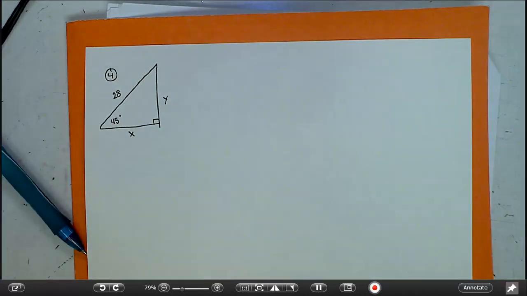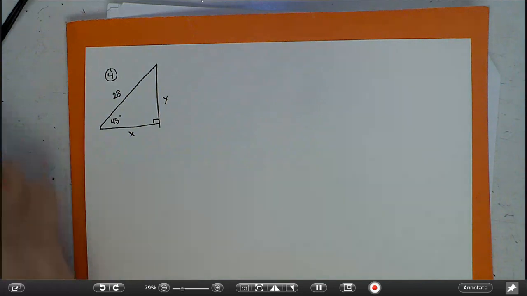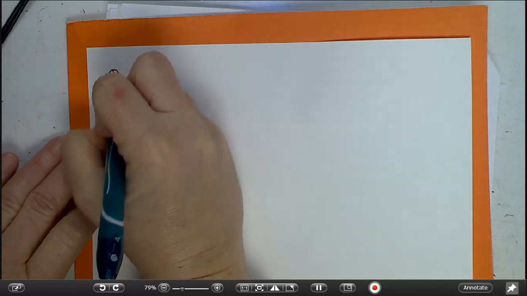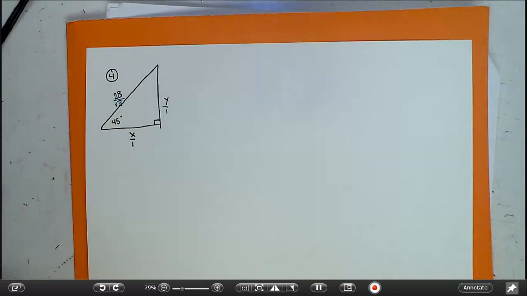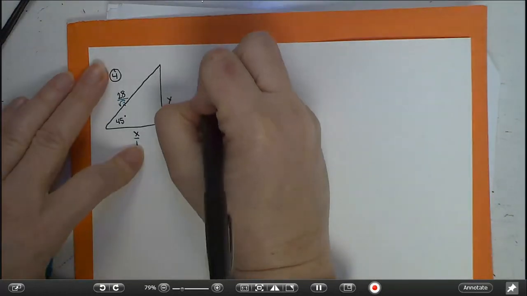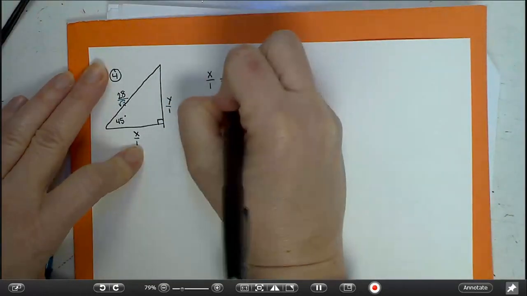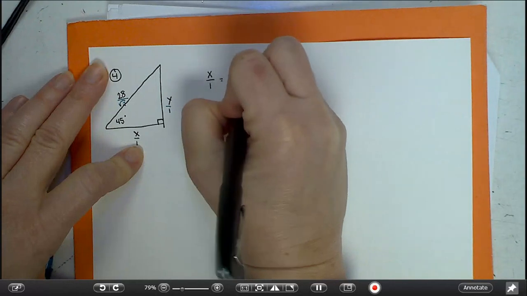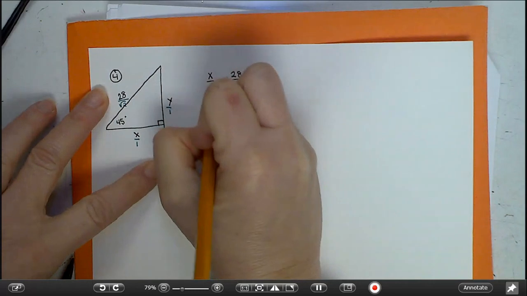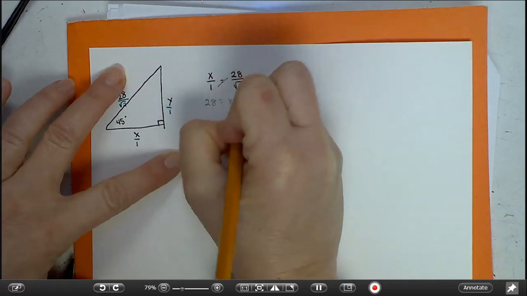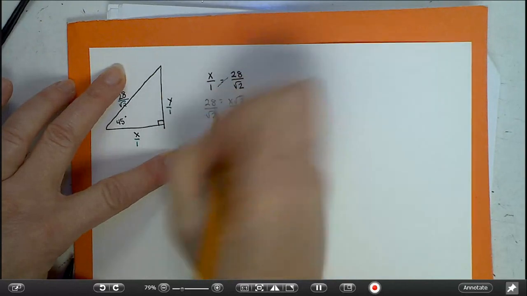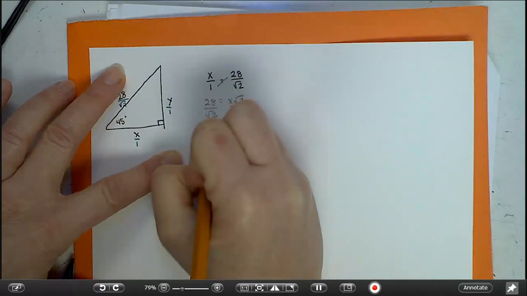All right, so this is a 45, 45, 90 triangle, and the ratios are 1, 1, and the square root of 2. So to solve this for x, we're going to have x over 1 equals 28 over root 2. If we go through the whole process, we'll have 28 equals x root 2 and divide everything by root 2. So 28 over the square root of 2 is x.